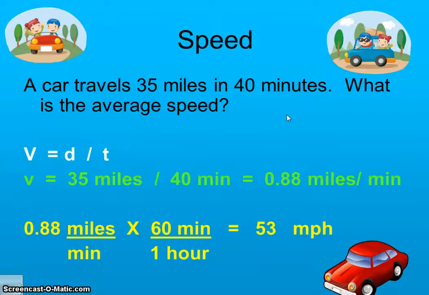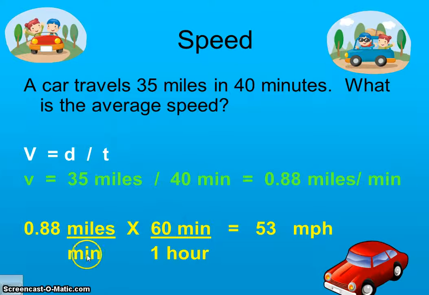Now, if you wanted to convert that and say, I don't know what miles per minute means, I only know miles per hour, what you do is you take your answer, 0.88 miles per minute, and multiply by 60 minutes over 1 hour. Some people always ask, do I multiply or do I divide by 60? This tells you every time.